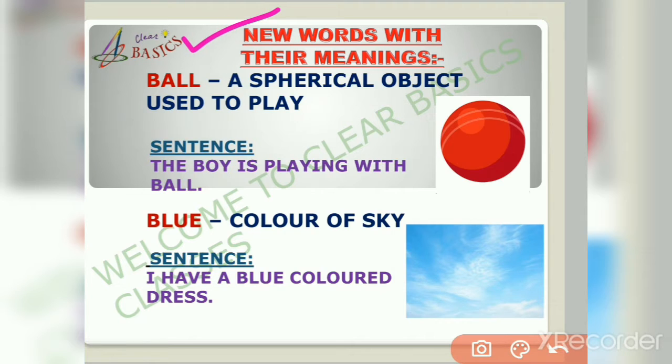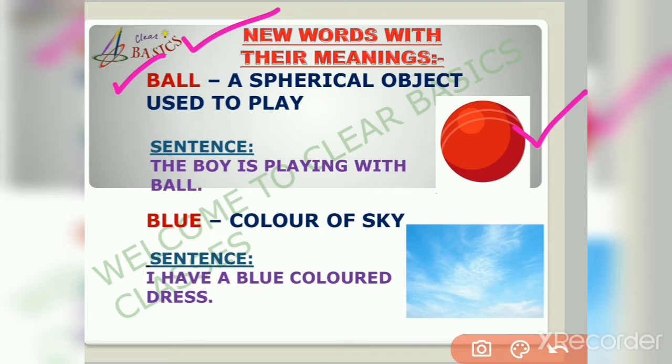Here in this slide, our first word is ball. B-A-L-L, ball. It is a spherical object and it is used for playing. Friends, we all play with this and it looks like this.